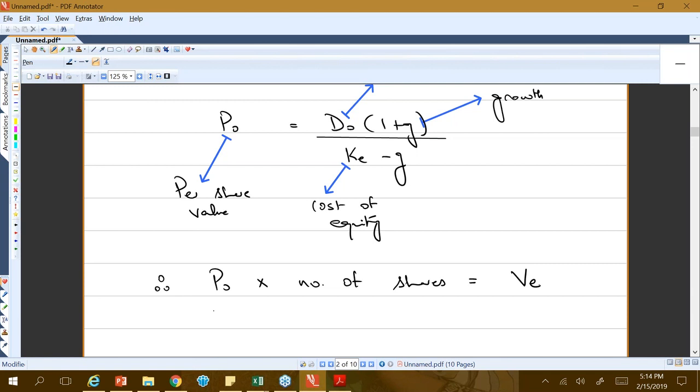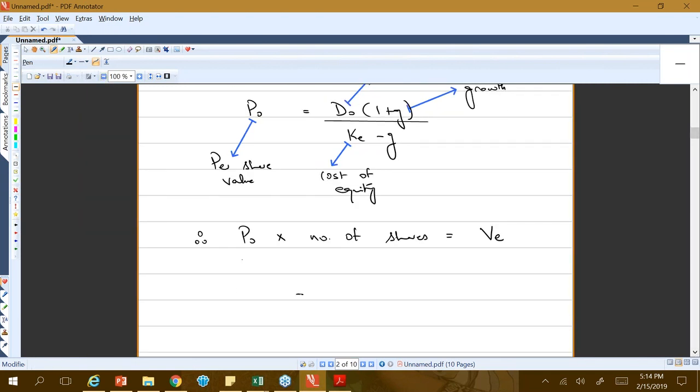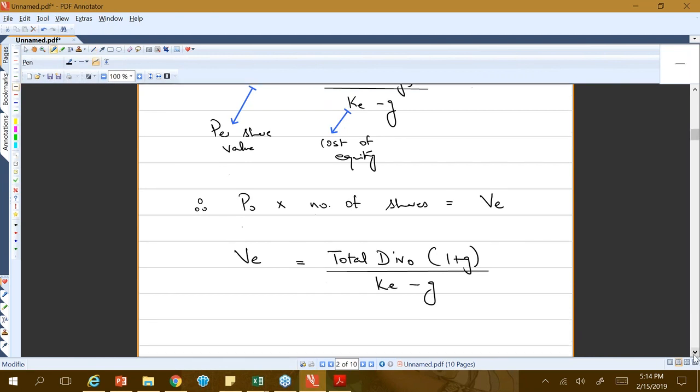This is one way. The second way is that within this growth model calculation, you can use total dividend now, 1 plus the G, over KE minus the G, and you will directly get a value of equity. And once you have a value of equity, you can divide this by the number of shares to find the P naught, or the per share value.